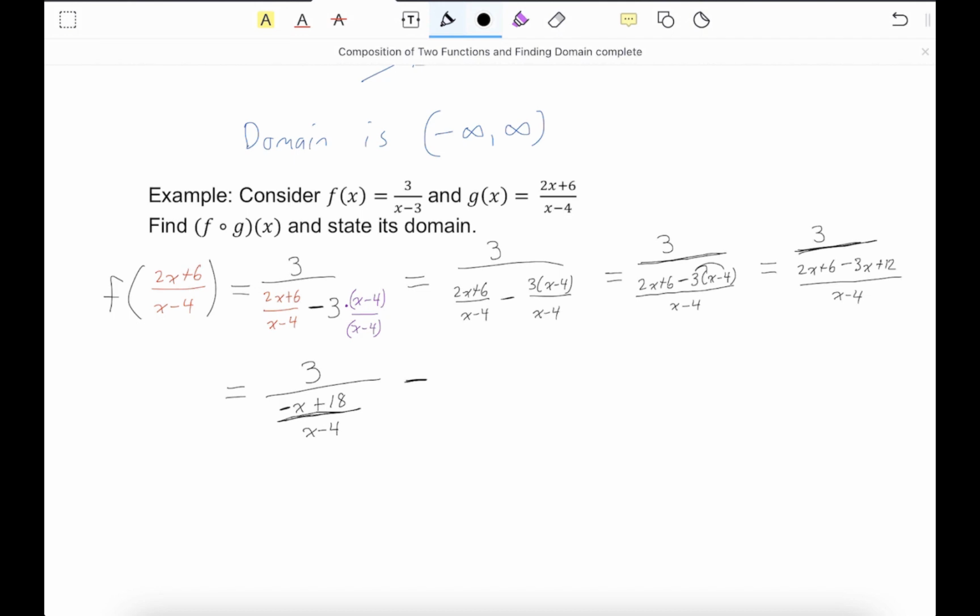I can think of this as 3, big 3, divided by negative x plus 18 over x minus 4. And we change this to multiplication, take the reciprocal. And I can write this as 3 times x minus 4 all over negative x plus 18.